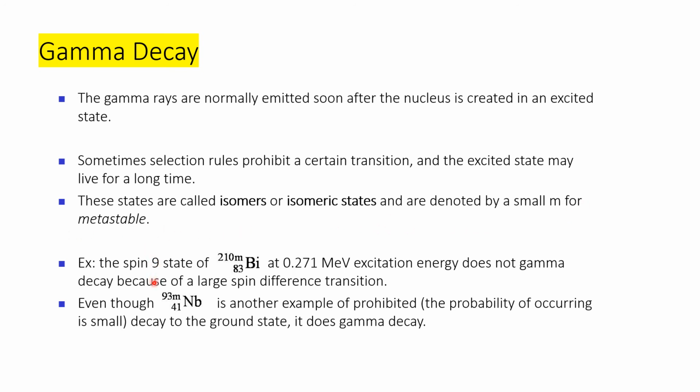For example, you have the spin 9 state of bismuth 210m. Again, the m here tells you that this is a metastable state at 0.271 mega electron volt. This excitation energy does not gamma decay because of the large spin difference transition. And even though niobium 93m is another example of prohibited decay to the ground state, the probability of occurring is small and it does gamma decay.